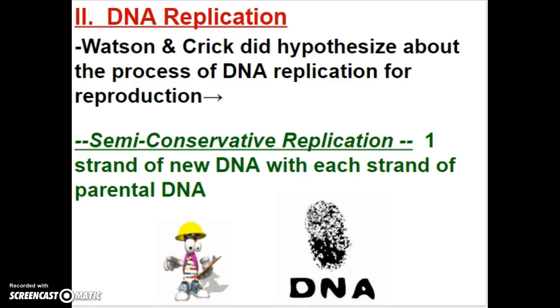And the idea was that one strand of new DNA would be made from a strand of the original or parental DNA. And the parental DNA would be used as a template to put the same exact information into the new cell.